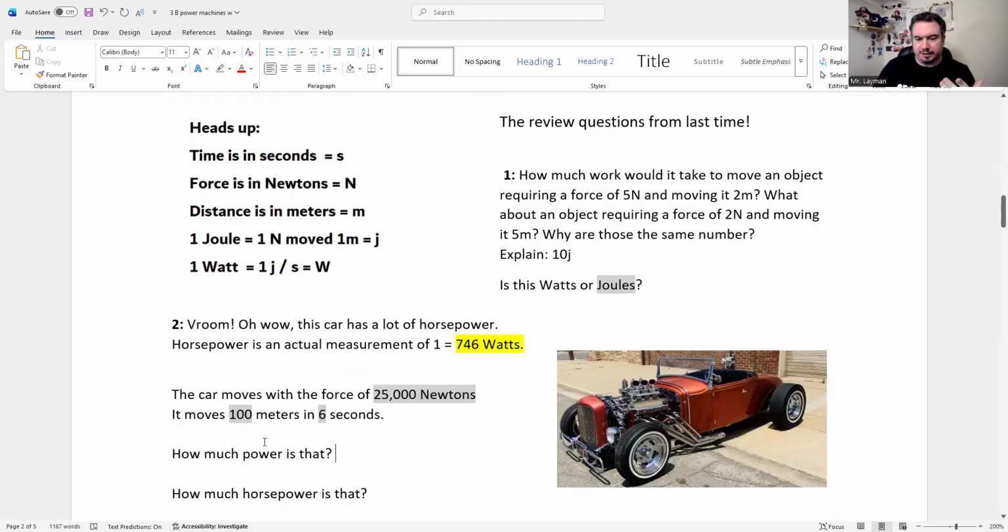So my work in this case would be 25,000 times 100, 2,500,000. What is this? Joules? Yeah, joules. But that's not the answer because we're talking about how much power that is.